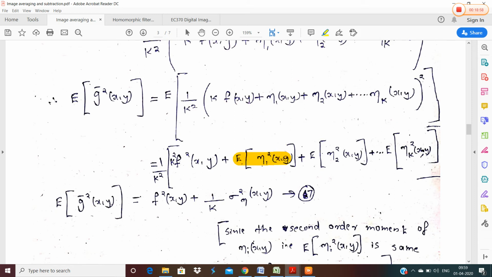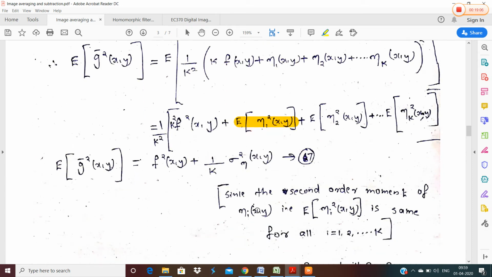And what is this? The expected value of eta 1 square, this is the second order moment of eta i. Since this has zero mean, this second order moment will be the same as the variance of this part. So you are considering the variance of your noise term as sigma square eta.